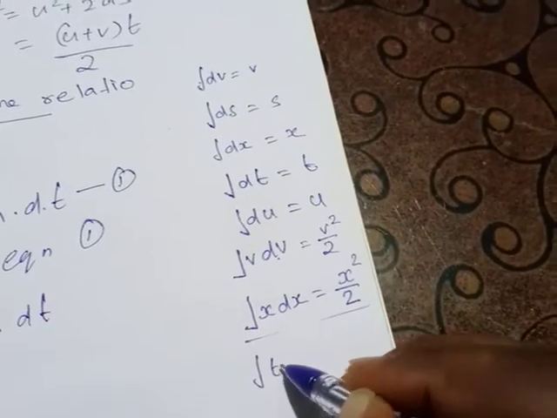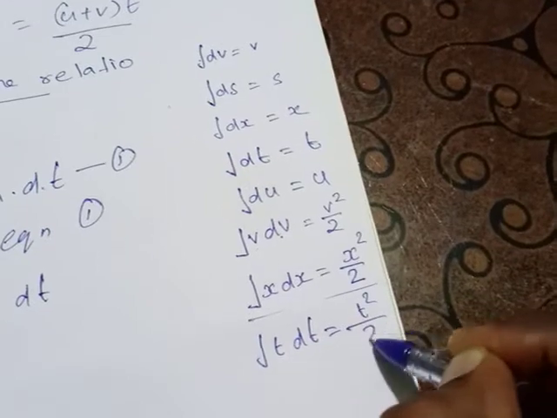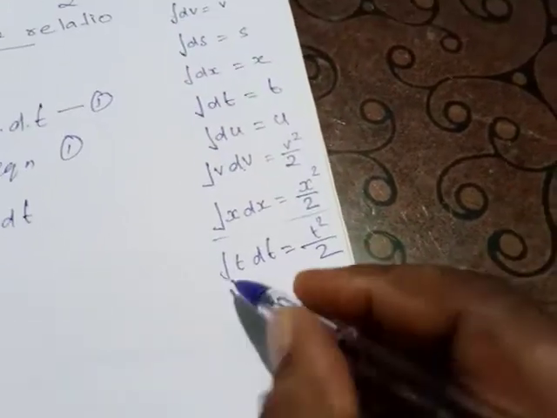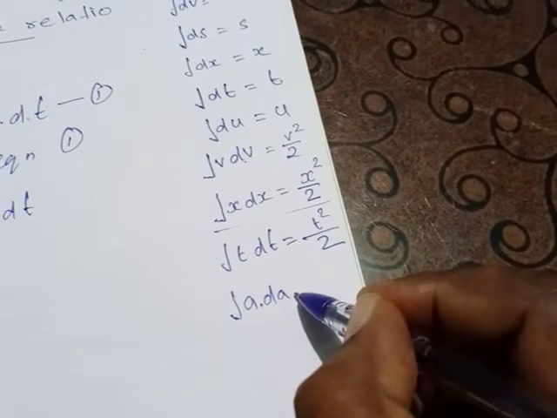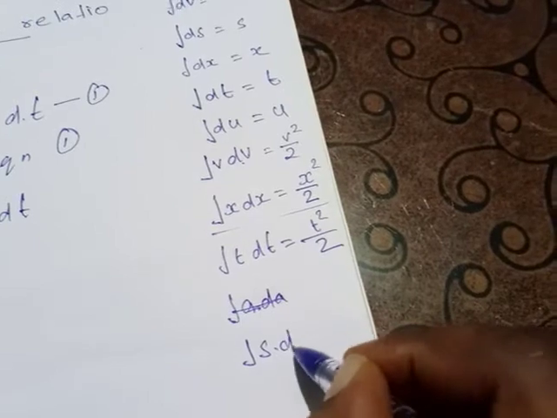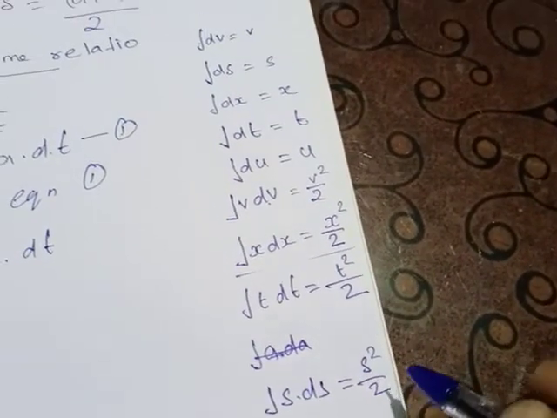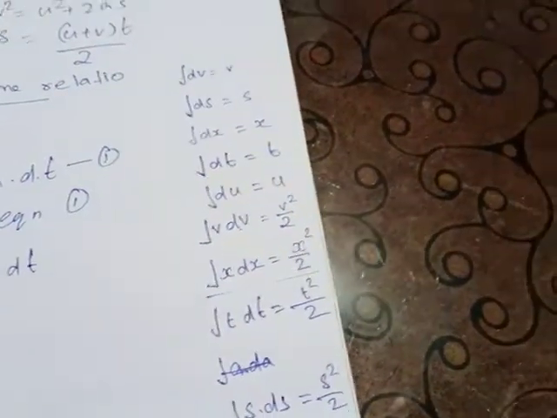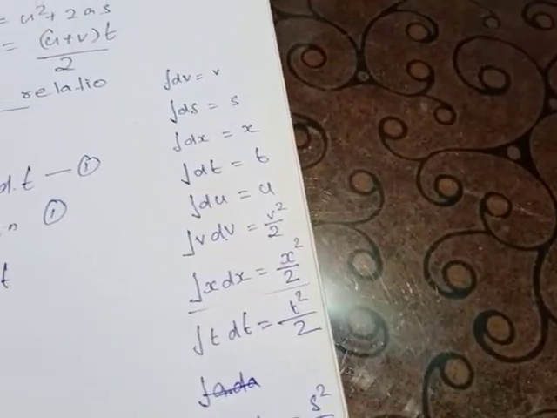Integration of t dt is t²/2. Integration of s ds is s²/2. So here you can see two types of integration I have shown you.